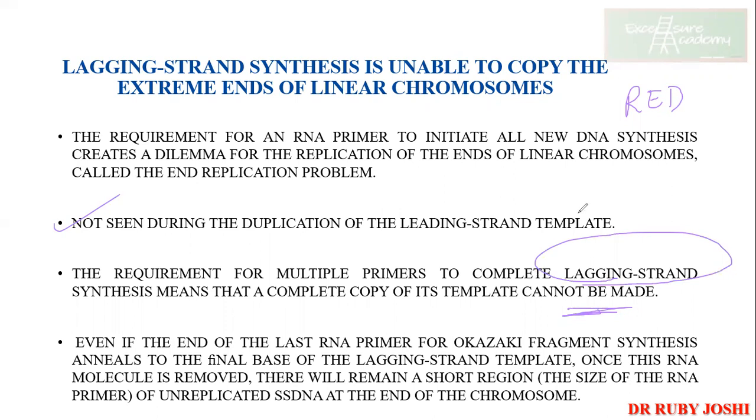So there was this question, a CSIR part C question, where no figure was given. I don't remember exactly, but I'll pass a message. What they were asking was, after the end of the replication, you have got the parental and the daughter, so two double-stranded DNA molecules.